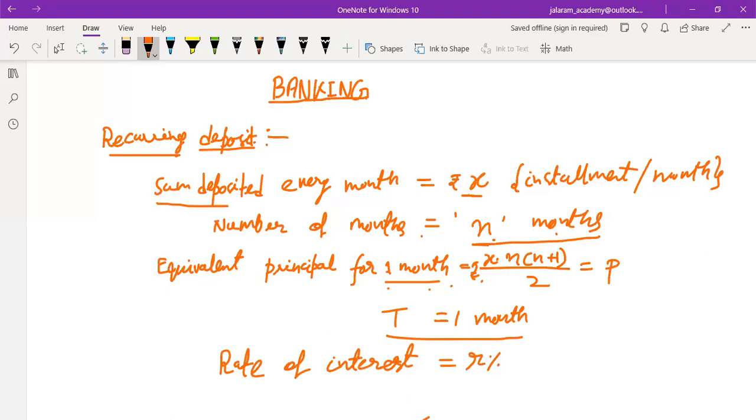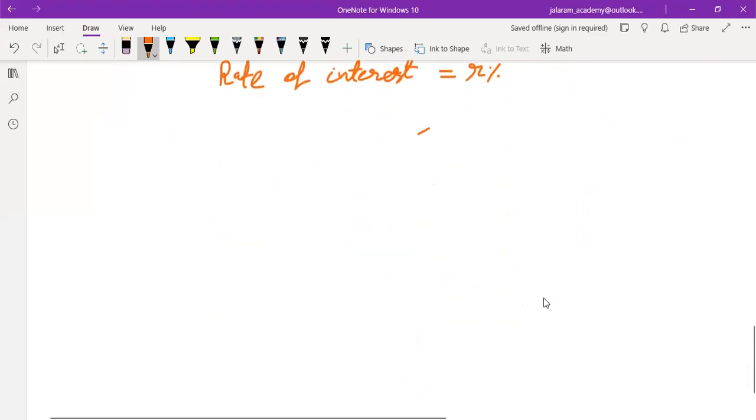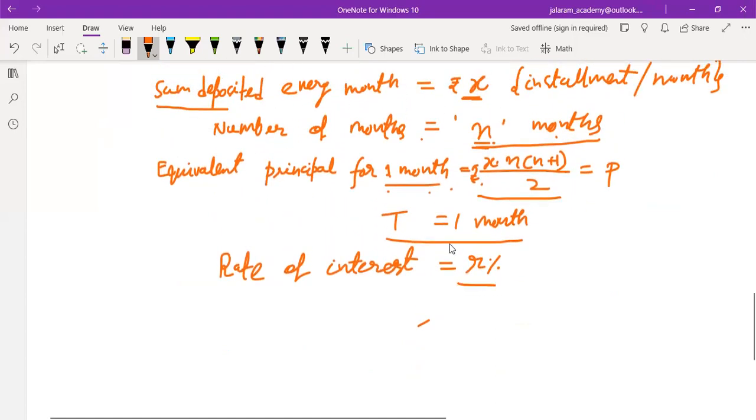We are discussing everything in terms of unknowns. X, sum deposited every month, n, number of months, equivalent principal for 1 month, X into n into n plus 1 by 2, rate of interest, R%, time 1 month. So we can find the interest by the use of the simple formula. As for 1 month, we can use the formula for simple interest also, even when it is compound interest.